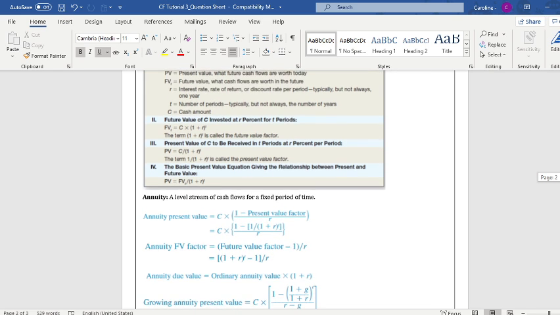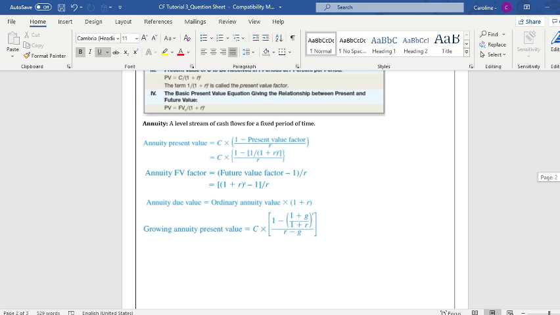The second one is multiple cash flows in the case of annuity, which can be defined as a level stream of cash flow for a fixed period of time. So you're going to receive or pay a series of cash flows for a fixed period of time, that is, the time horizon has been defined.